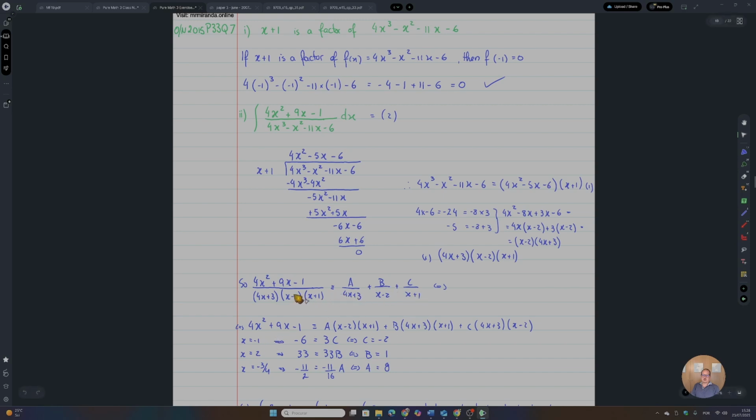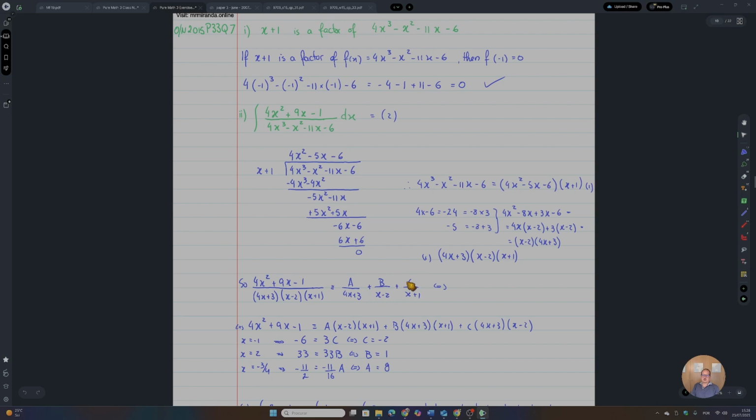Before that, multiply the whole thing by this denominator. So the numerator is going to be equal to A times just x minus 2, x plus 1, the 4x plus 3 cut out. B is going to be multiplied by 4x plus 3, x plus 1, the x minus 2 cut out.